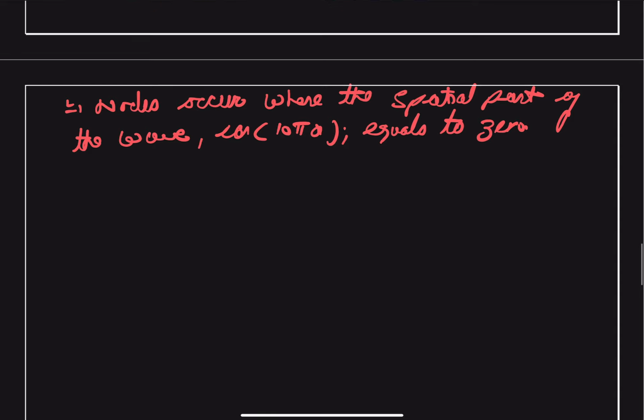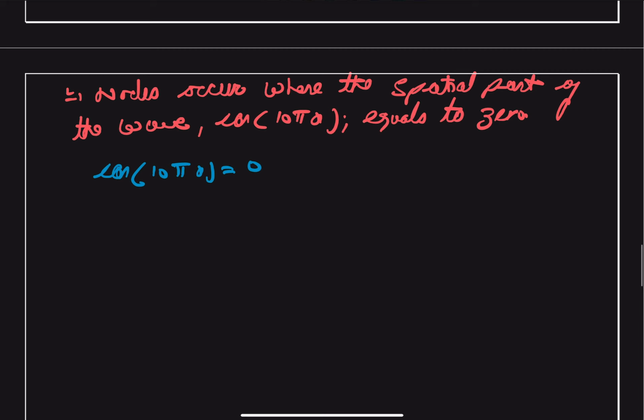So we can write it in the form of the equation. We can write this as cos of 10 pi x will be equal to 0. Or from here we can say that our 10 pi x will be equal to 2n plus 1 multiplied by pi by 2, where n is equal to 0, 1, 2 and so on.